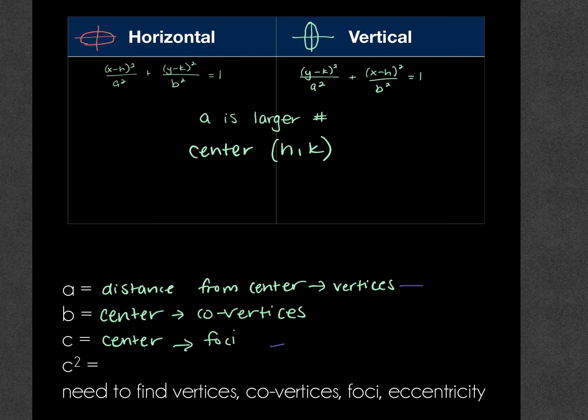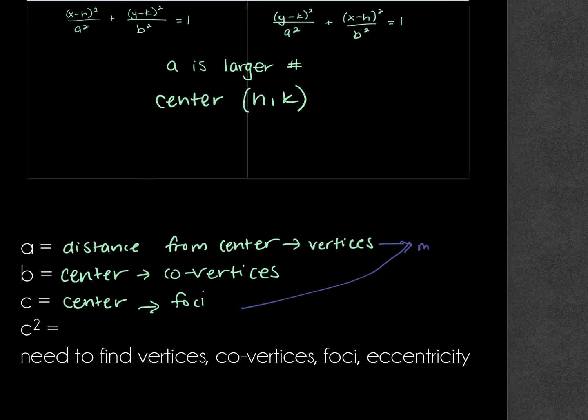Both a and c are on the major axis, and b is on the minor axis. c squared equals a squared minus b squared for an ellipse.